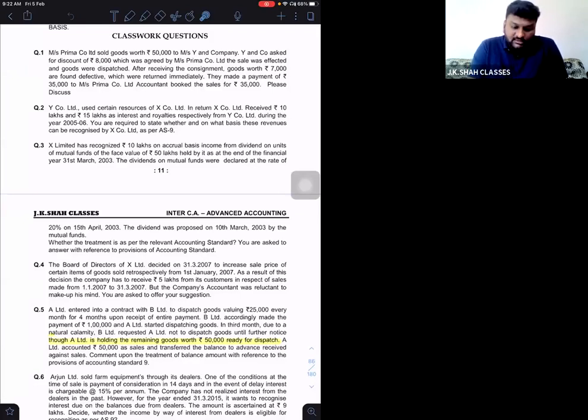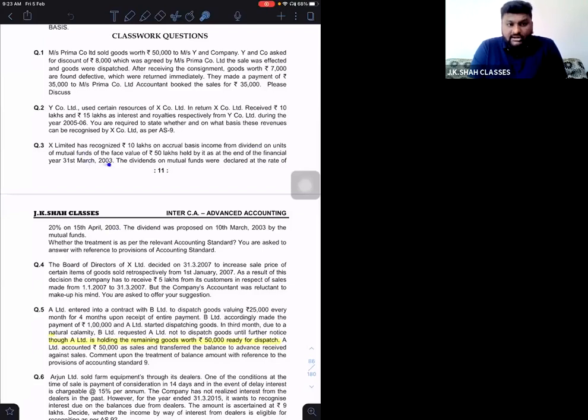What it says: X Limited has recognized 10 lakhs on accrual basis as income from dividend on units of mutual funds of the face value of 50 lakhs held by it as at the end of the financial year, 31st March 2003. The dividend on mutual funds was declared at the rate of 20% on 15th April 2003.